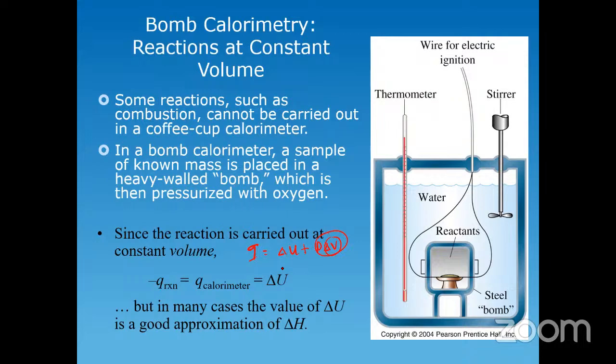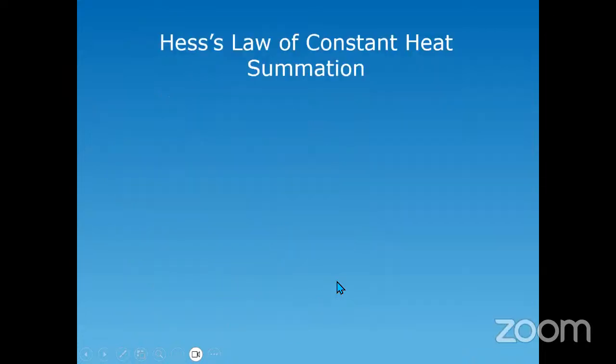So that's why in this particular situation, Q is only equal to delta U. Remember also that delta U plus P delta V would be equal to delta H. But this would be a good approximation of delta H for the reaction, because this is done in a constant volume environment. Okay, so that's basically what happens in a bomb calorimeter.